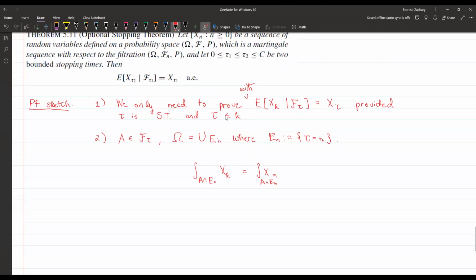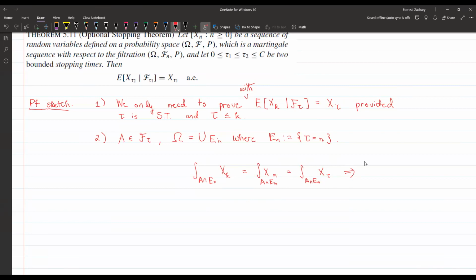I mean something that bounds tau from above. And so I can definitely say for sure that I can replace it with X_n like this. And then I can use my properties of the set E_n to replace this by the integral over A intersected with E_n, with X_n replaced by X_tau, like so.